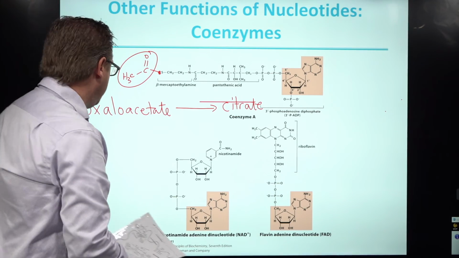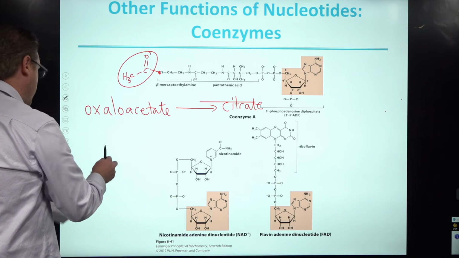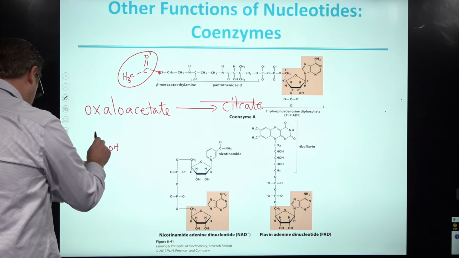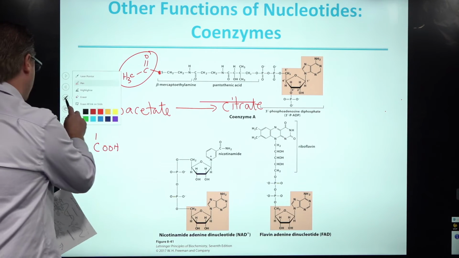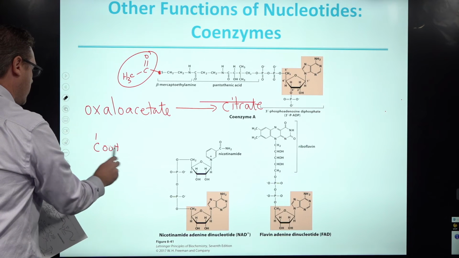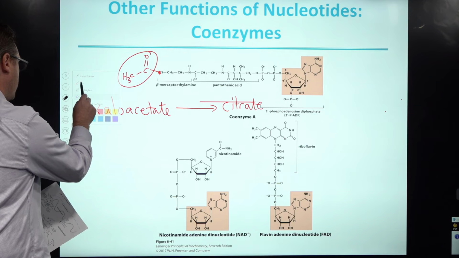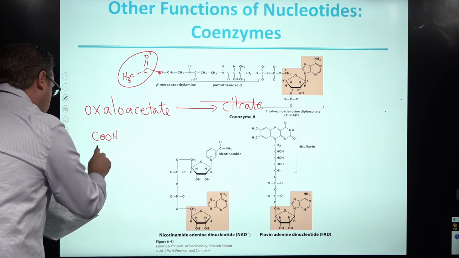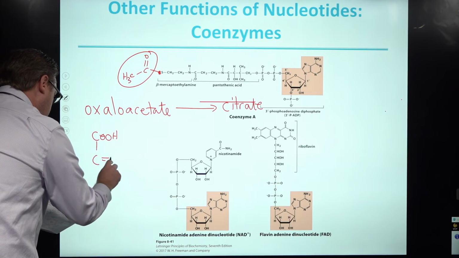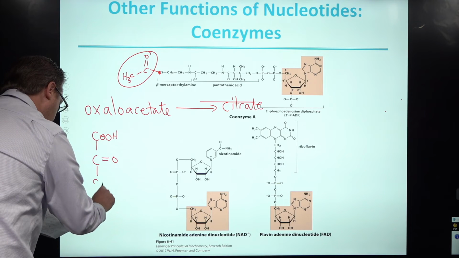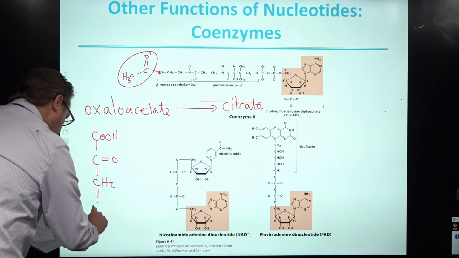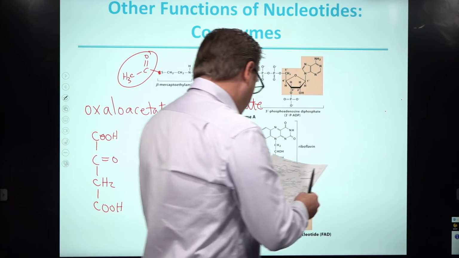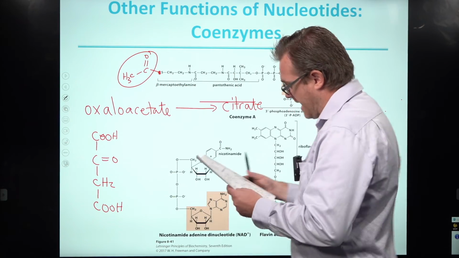That's what's happening. So if you look at the structure here of oxaloacetate, we can look at it like this. Oh, I'm not going to have enough room. Okay, so there's oxaloacetate. And what does citrate now look like? Well, we're going to be tacking on that acyl group.